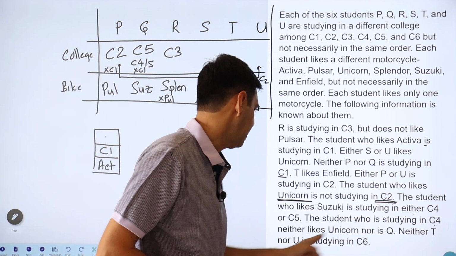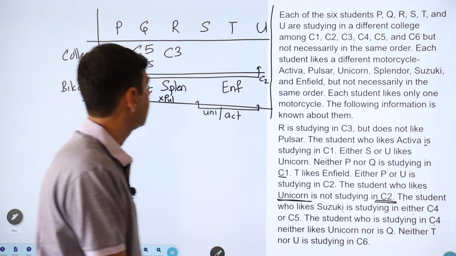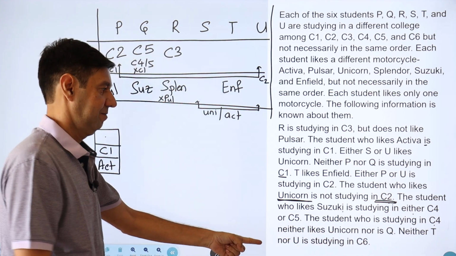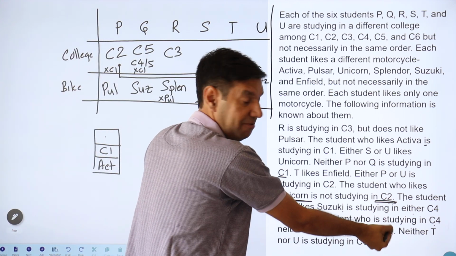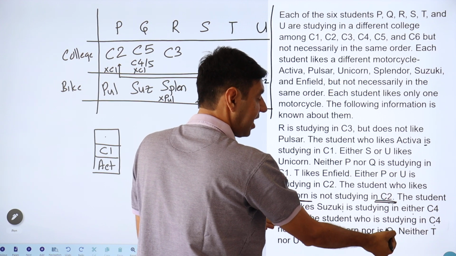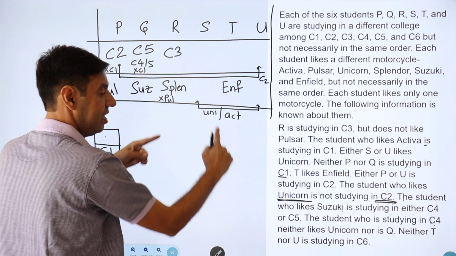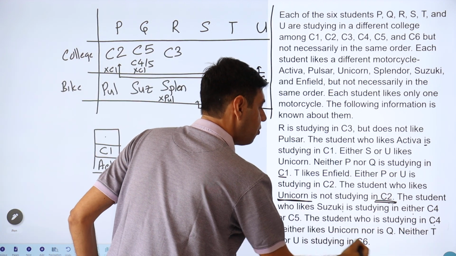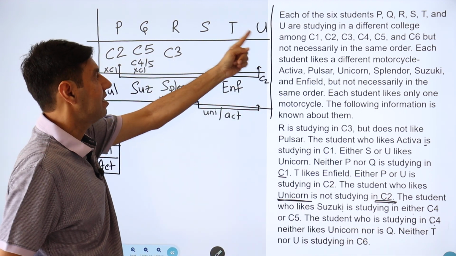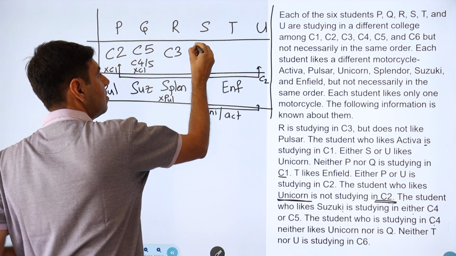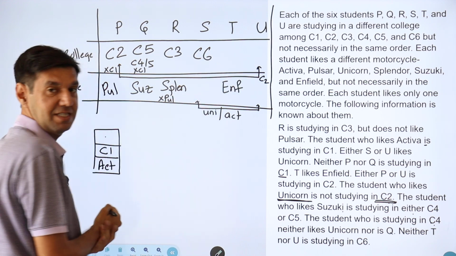The student, neither T nor U is studying in C6. So yeah, we were at the very end, so no point wasting time imagining the link of C4 and Unicorn. Neither T nor U is in C6, so this is the only place left for C6.